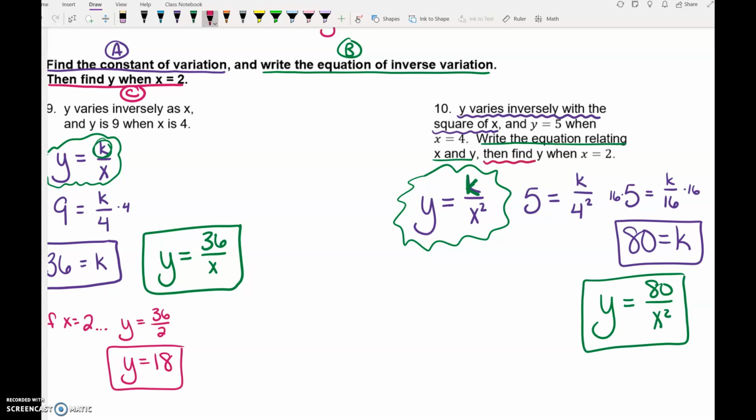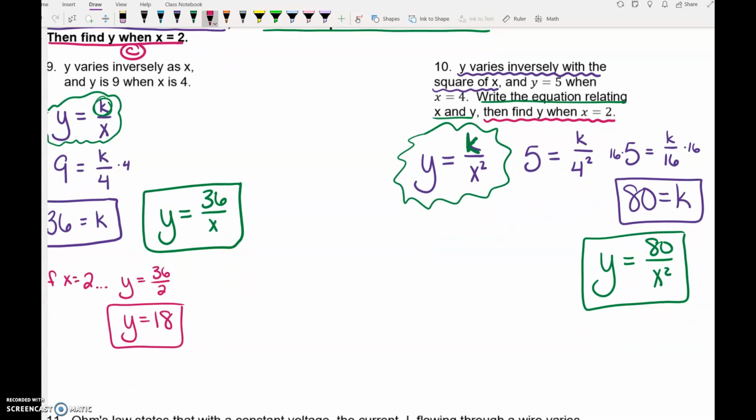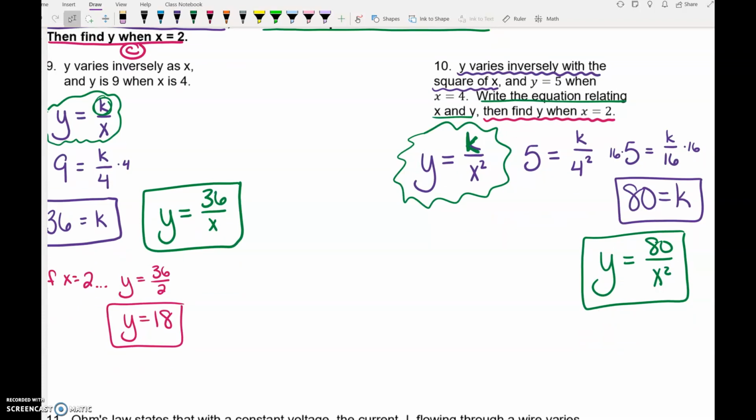Part C, find y when x equals 2. So plug in 2. What is 2 squared? 4. And 80 divided by 4 is 20.